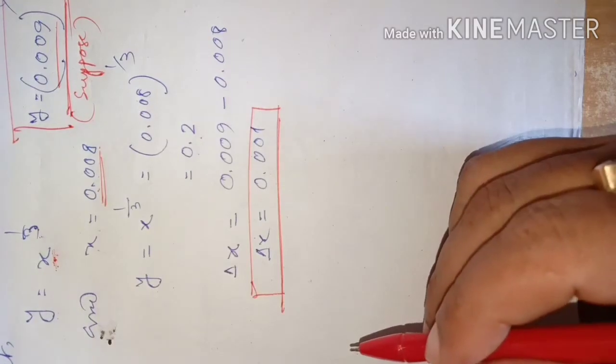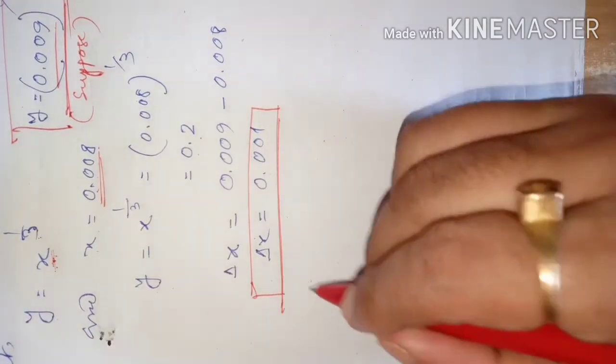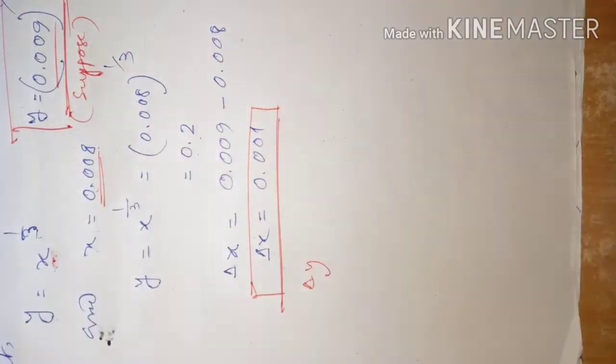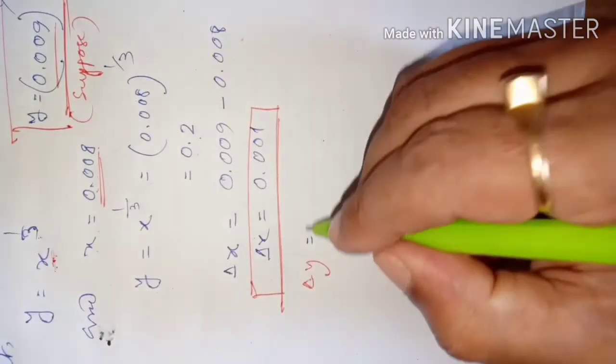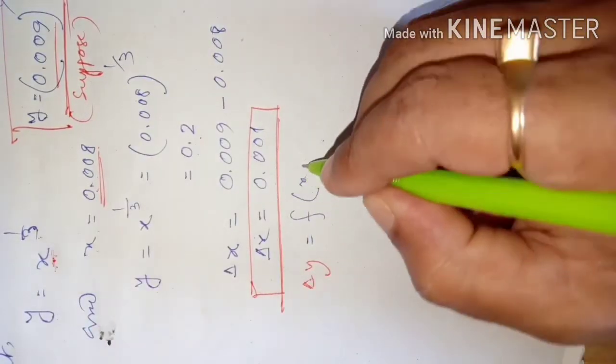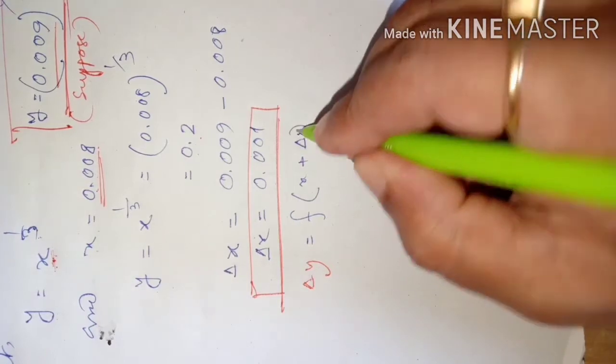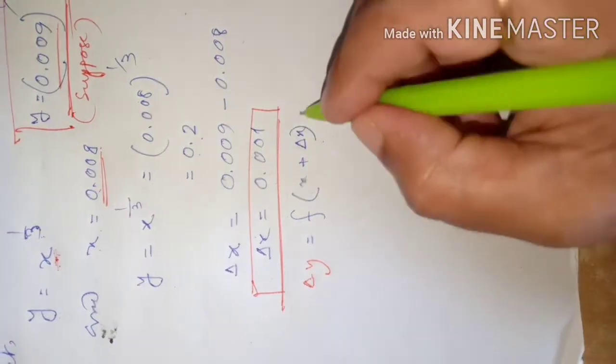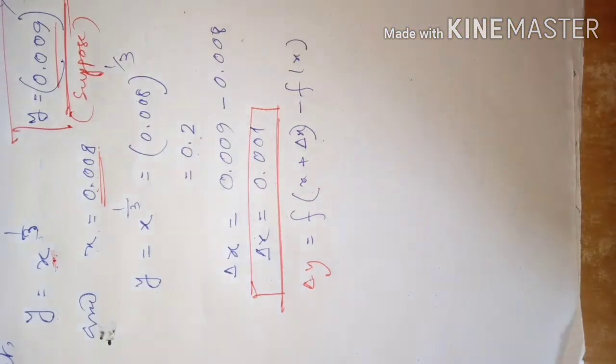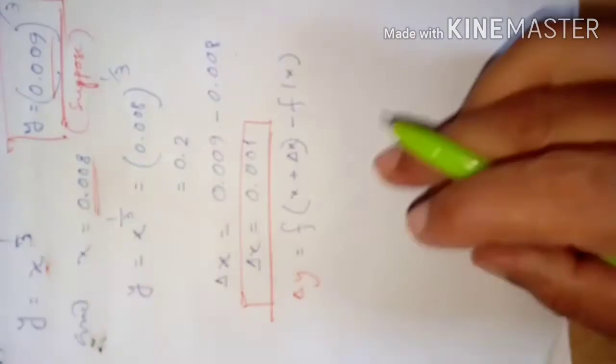The second step is to find out delta y. What is delta y? In delta y you will write the function f of x plus delta x minus f of x, that is the increment in y.